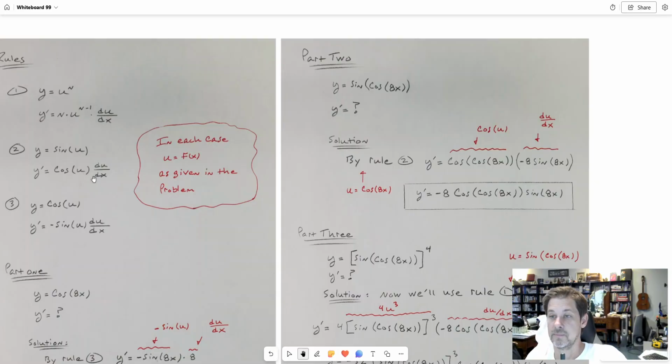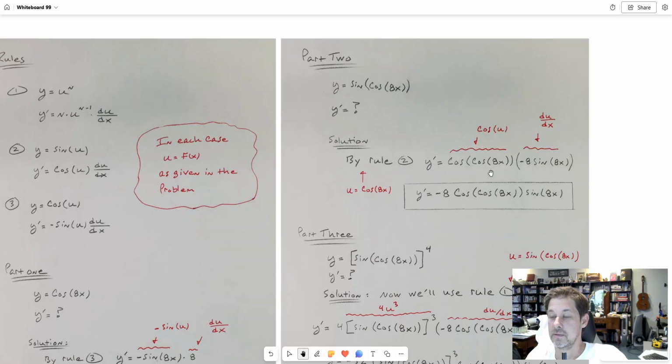How would it apply? So the derivative of sine of u, sine of cosine 8x, is cosine of u, so cosine of cosine 8x, then times whatever the derivative of cosine of 8x is.